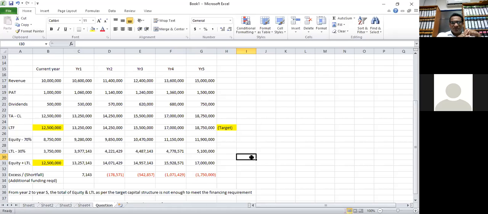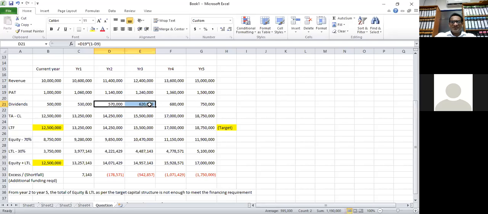What is that? Now look at the shortfall, 178,000, 542,000. In order to cover this shortfall in these 2 years, they can do something. What is that? They can not pay dividends.